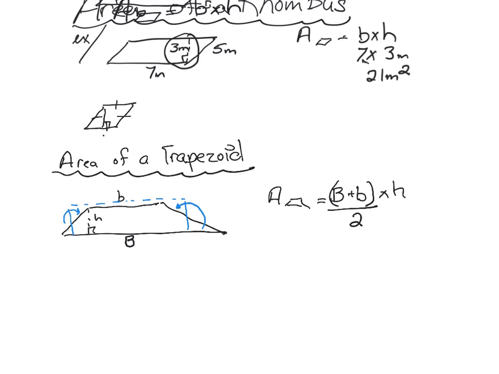So when you average these out by adding them and then dividing by 2, you end up having a formula very similar to that of a rectangle.